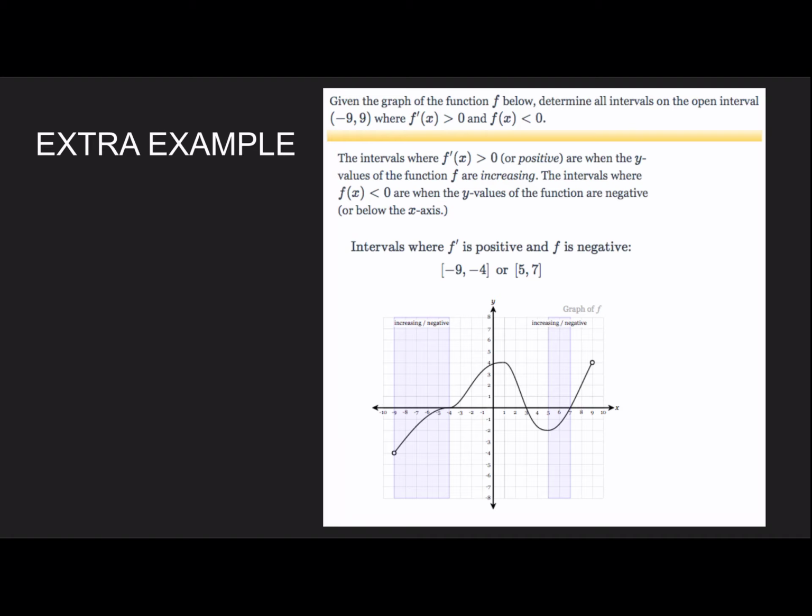And then in the right-hand side, in quadrant 4, between 5 and 7, I have increasing or uphill slope. So the final answer that I would be looking for are these two intervals.